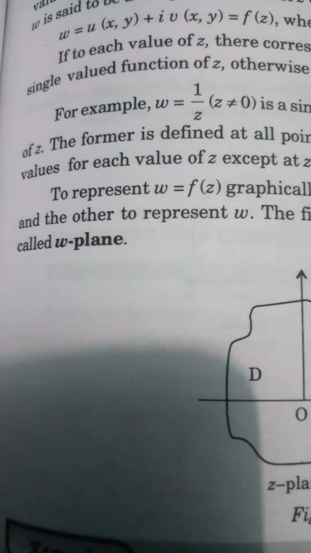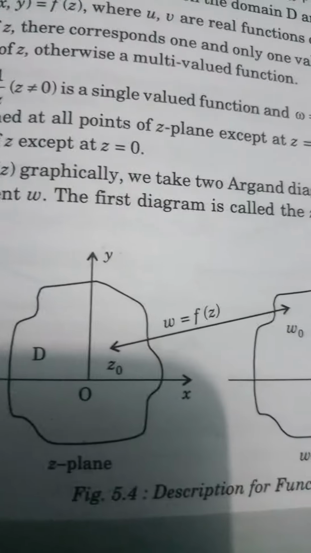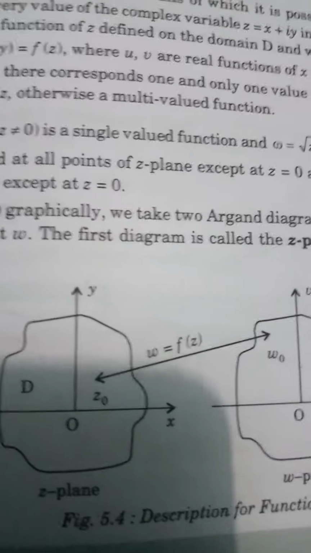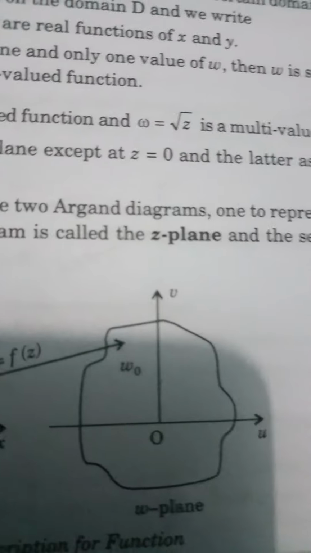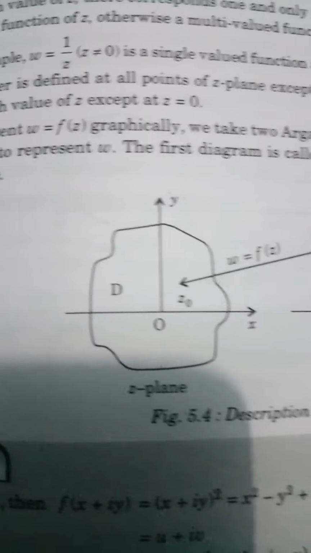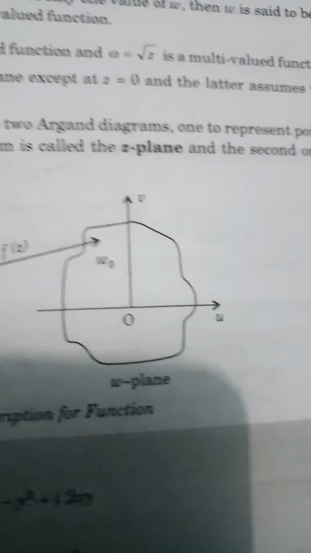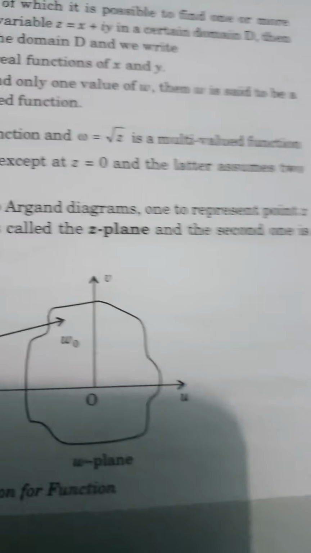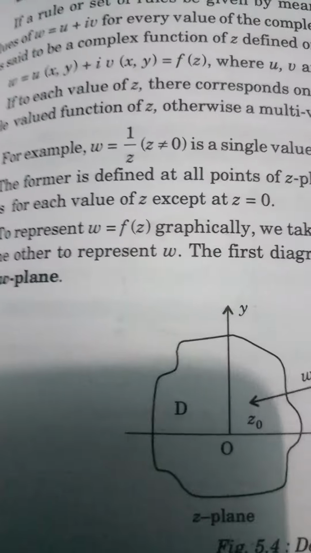To represent w equal to f(z) graphically, we take two Argand diagrams, one to represent the point z and the other to represent w.